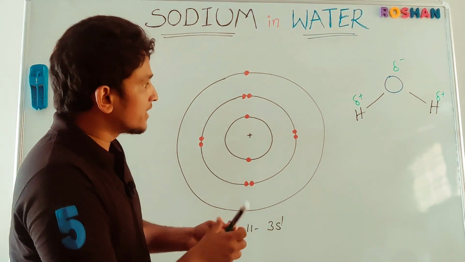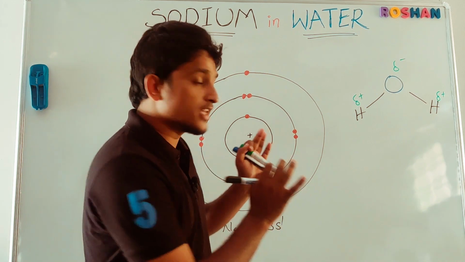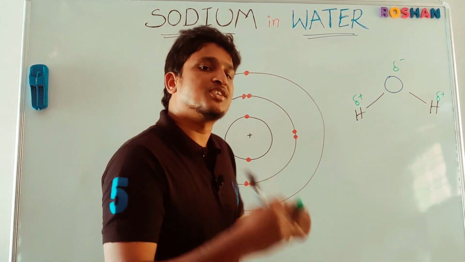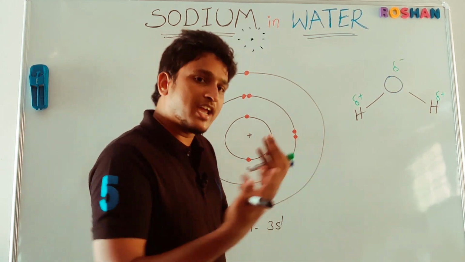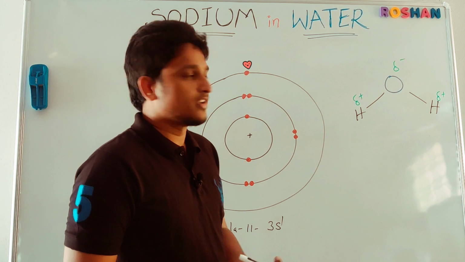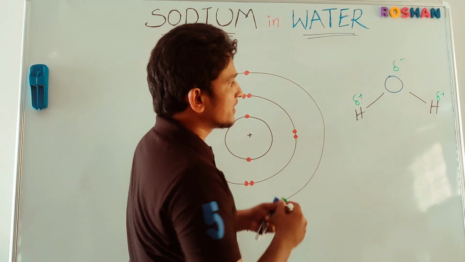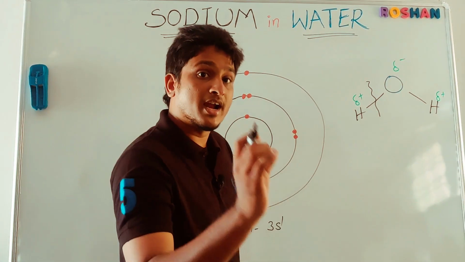So the moment this electron enters the water, how does it behave? Hydrogen, you can't lose an electron. Oxygen, you cannot gain an electron. I am here, utilize me. You can gain my electron, you can take me. So that's what happens, students. The moment this electron enters the water, bond breaking happens between hydrogen and oxygen.